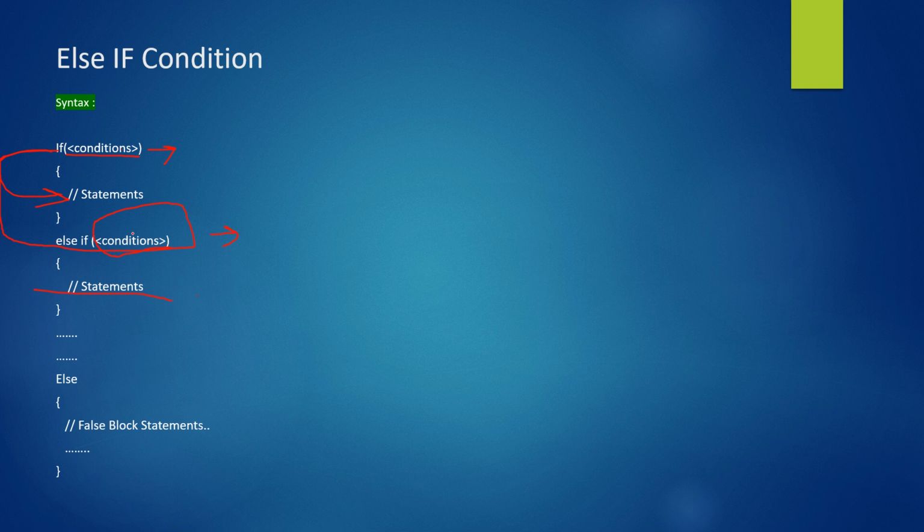And if the conditions specified in the else if are also not satisfied, then it will go to the else block and execute the false block statements. So this is how else if will work.